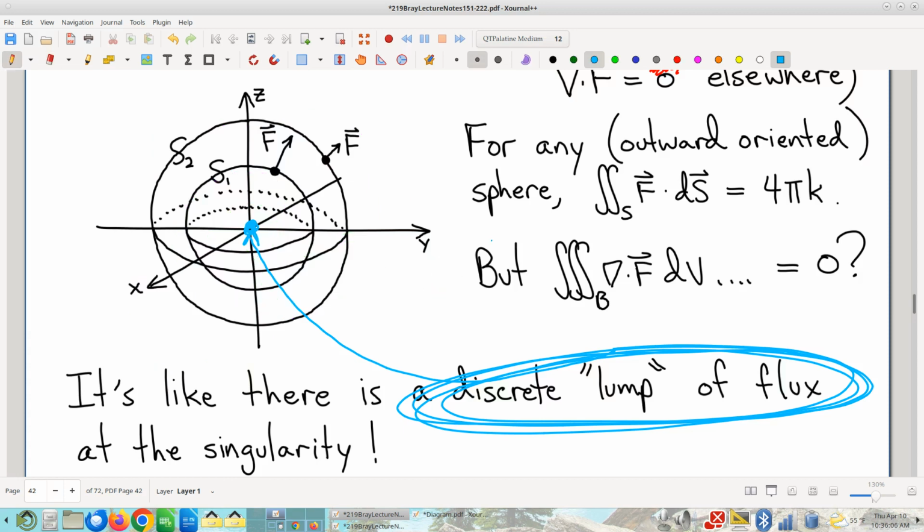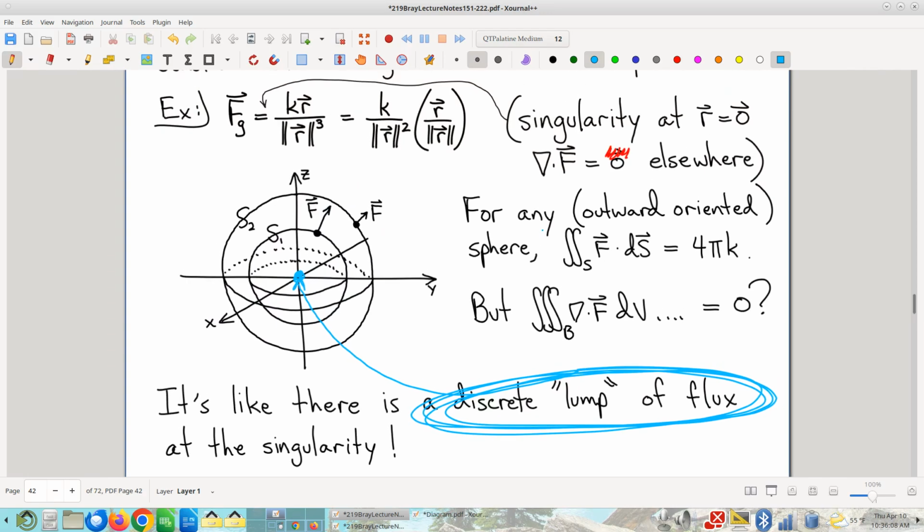Why is there a lump of flux there? Well, flux is a measurement of what's actually coming from somewhere else. Where is all the flux coming from? It's coming from where the LED is. It's coming from the origin. So yes, there's flux coming at the origin because that's where all the flux we measure is literally coming from. Okay, enough of that.